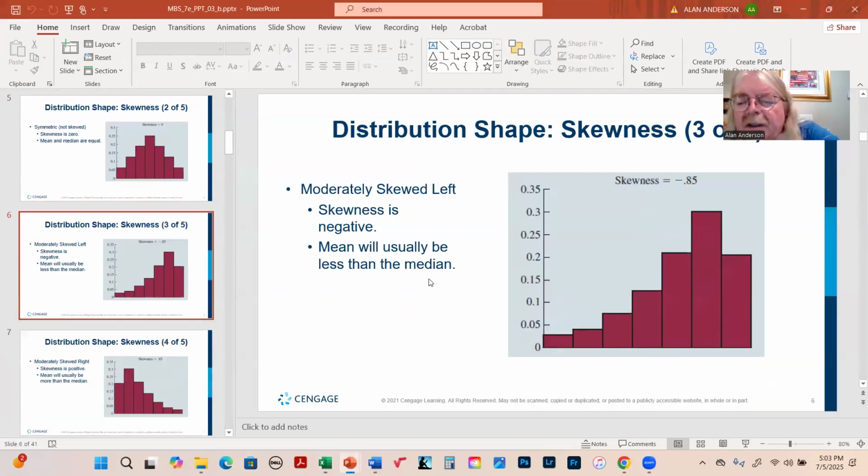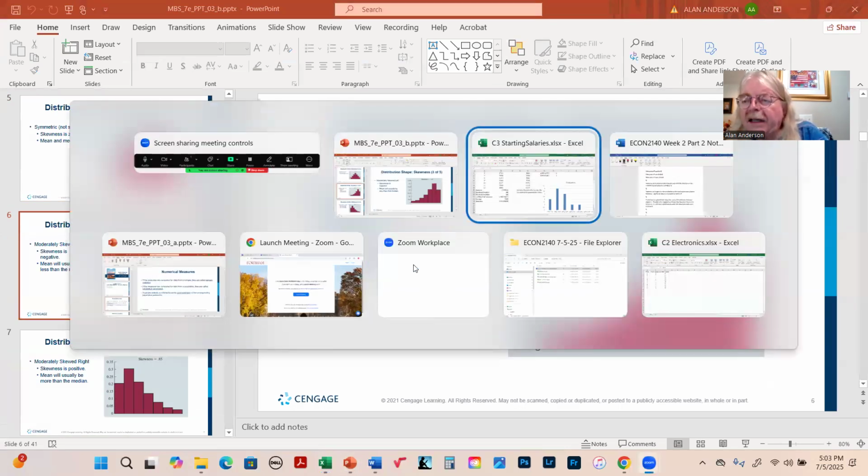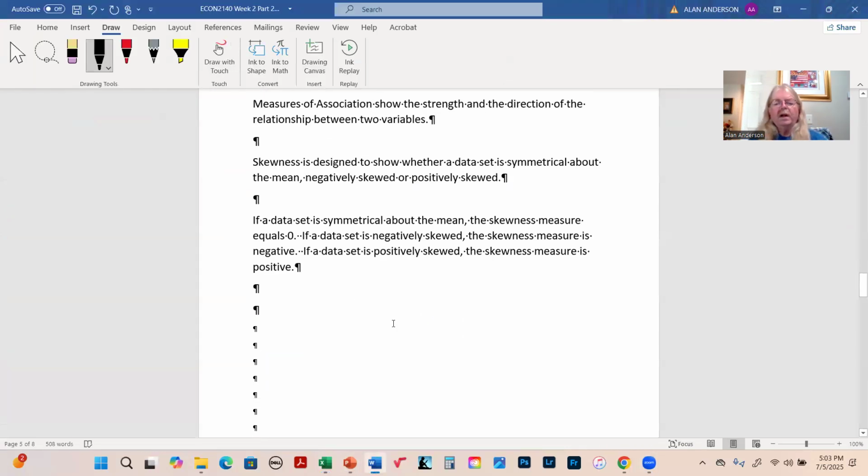So here, yeah, this is what negative skewness would look like. And by the way, this is something we didn't mention before because we hadn't encountered these measures, but when a data set is symmetrical about the mean, the mean is equal to the median.